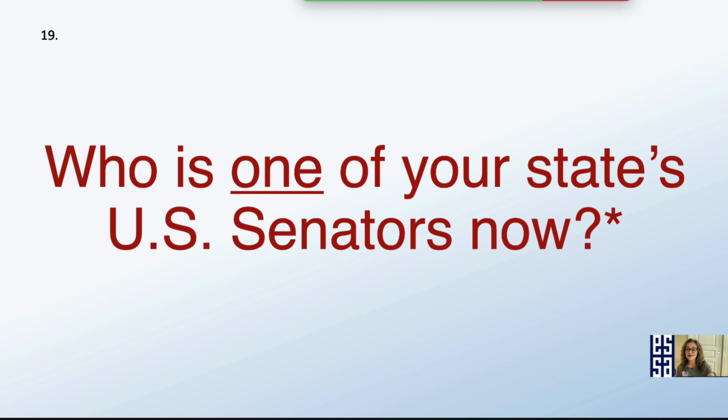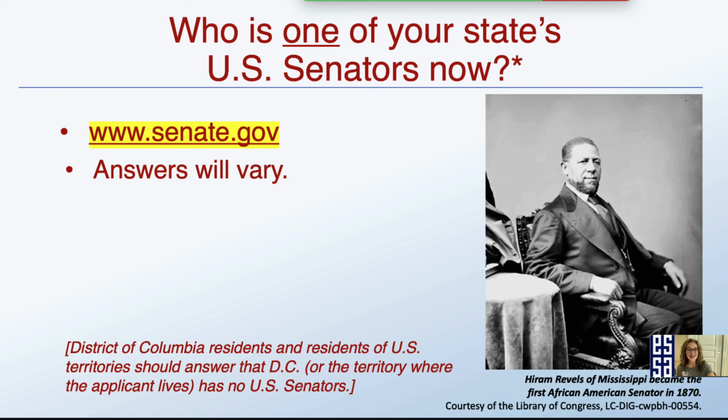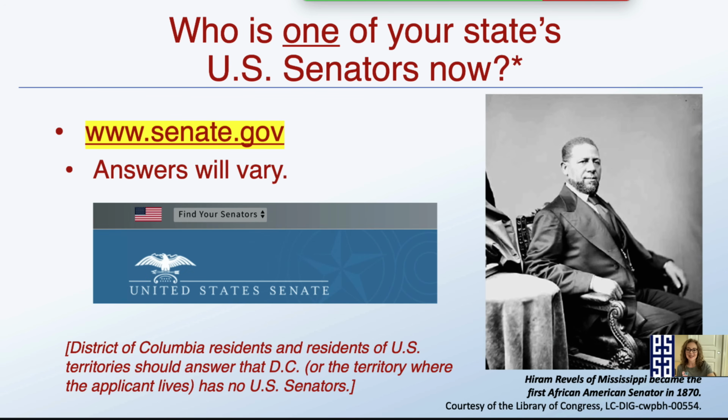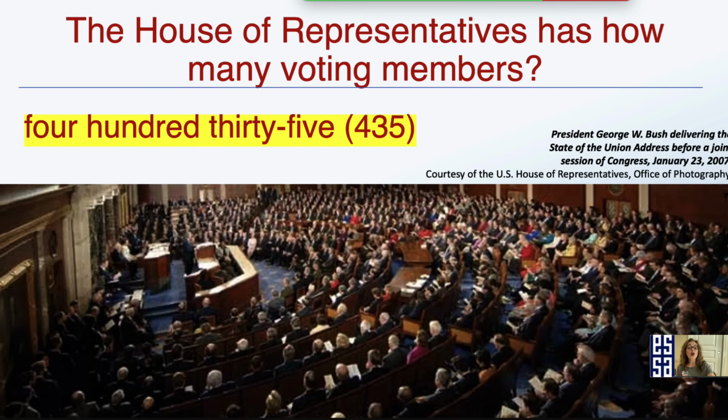Who is one of your state's U.S. senators now? That's a tricky one because answers will vary depending on your state. The House of Representatives has how many voting members? 435.